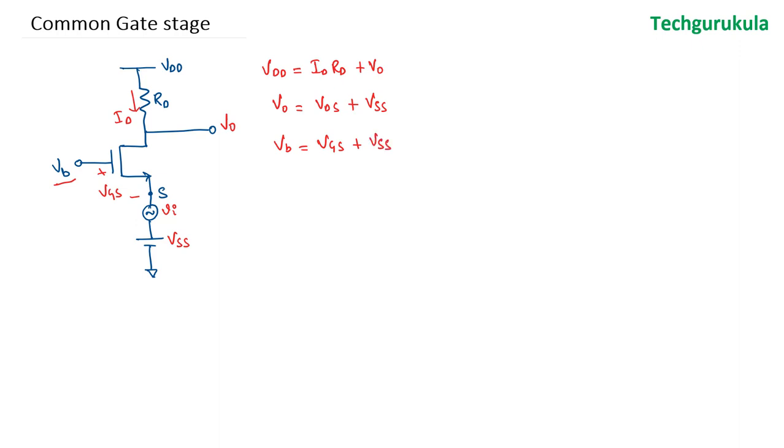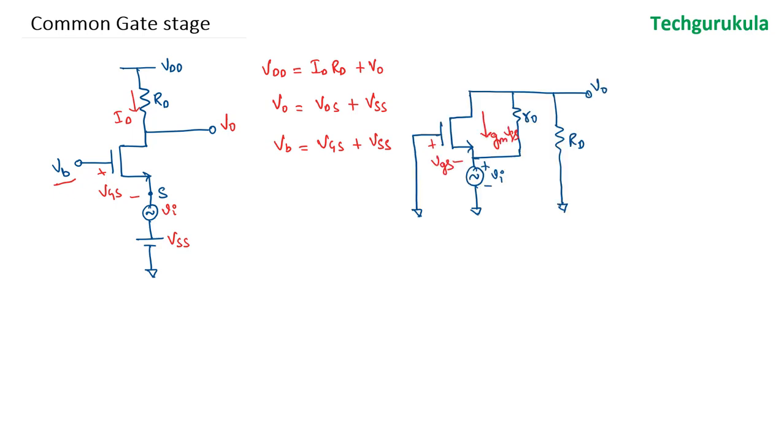Now let's look at the small signal analysis of this circuit, in which all the DC sources will be made 0. So VDD is made 0, VB is made 0, VSS is also made 0. Hence the equivalent AC small signal circuit diagram would look like this. From this we can write VGS is equal to minus VI.